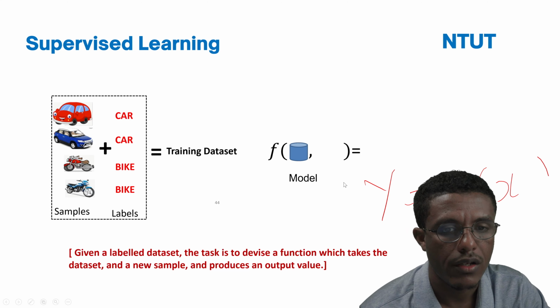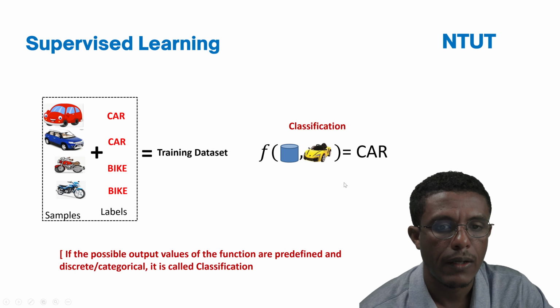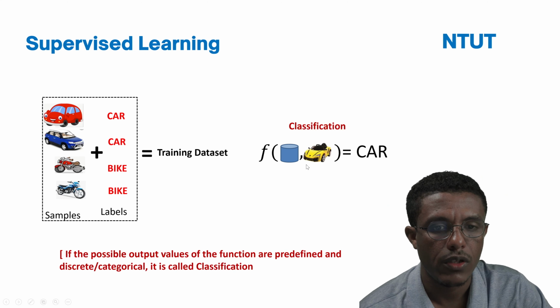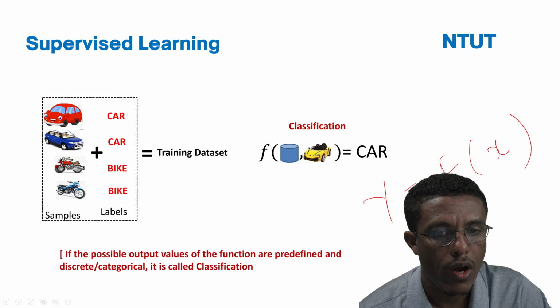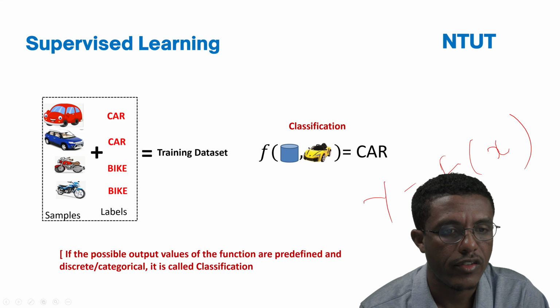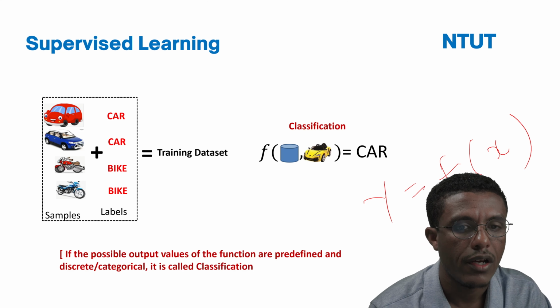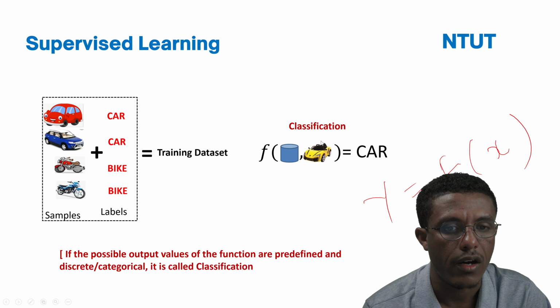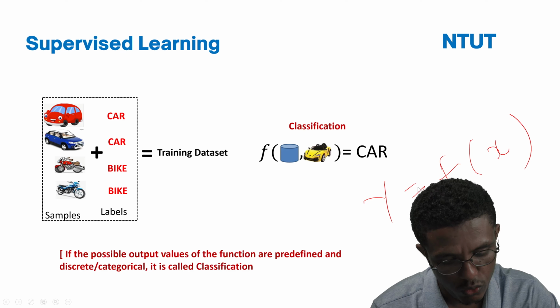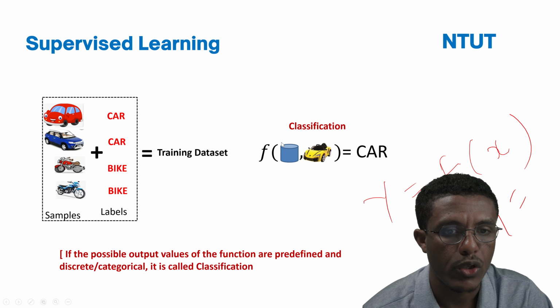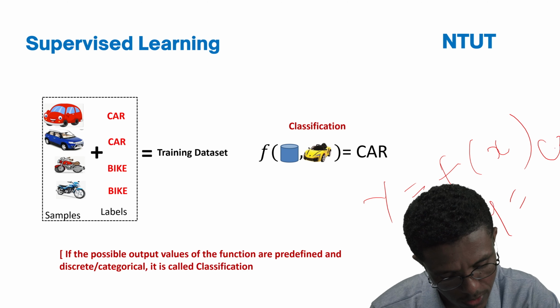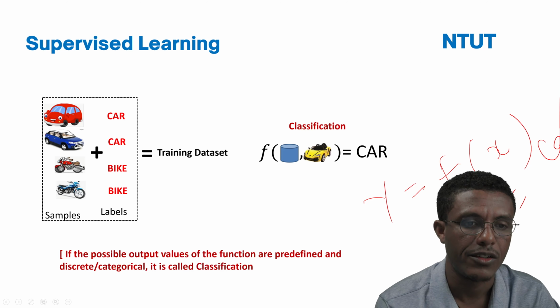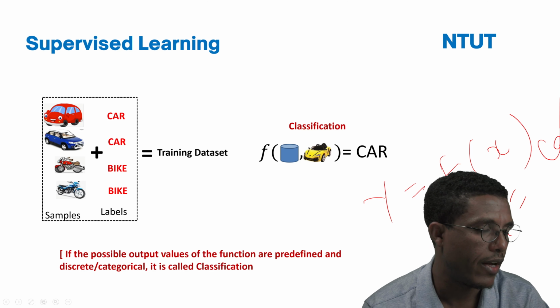So y is the output, f is the function, and x represents this car. So for this one, the output is car, y is equal to car. This is how we define the model.